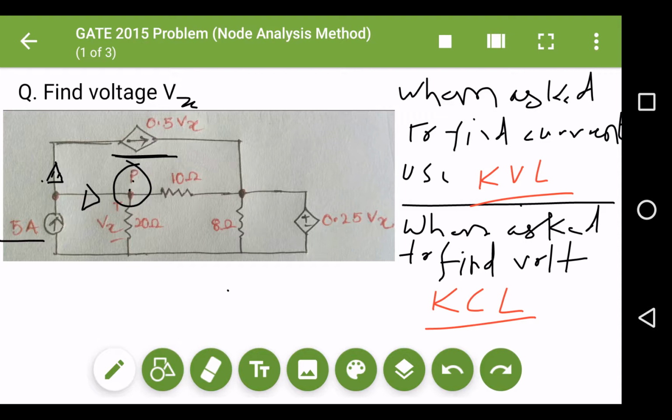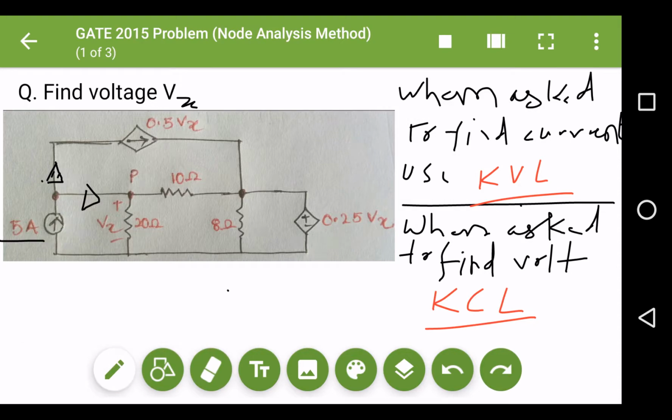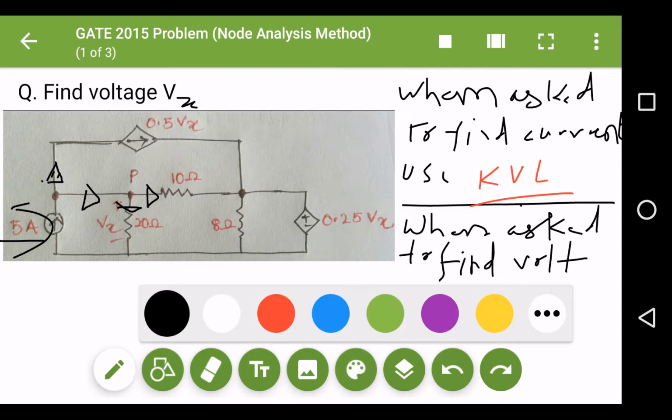Similarly, let me also label the other current directions, which is necessary. The current in this branch of P is flowing in the outward direction. So you can see only one current, the 5 ampere current, is flowing towards the junction P, and the other currents are just going outside. Let me also label the currents.